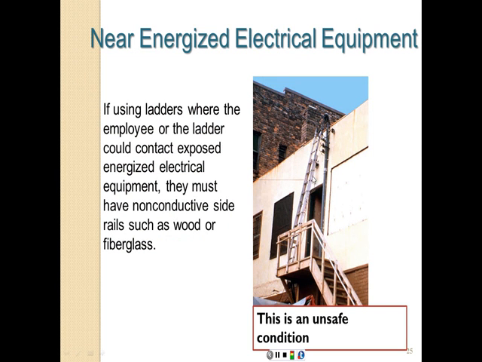So here we show an aluminum or metal ladder, and working very close to a power line or an energized electrical line. This is definitely a very unsafe practice. I don't think we have the 3-foot extension either here at the top, so there are multiple violations here.